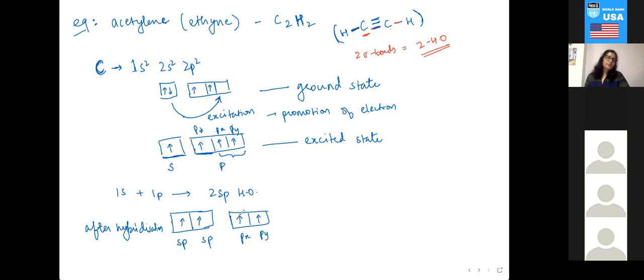Yeah. So now this is ready for bonding. So what happens is, let's say we have one carbon here, one carbon here. The sp orbitals are arranged linearly. I drew it wrong, but imagine them to be even.